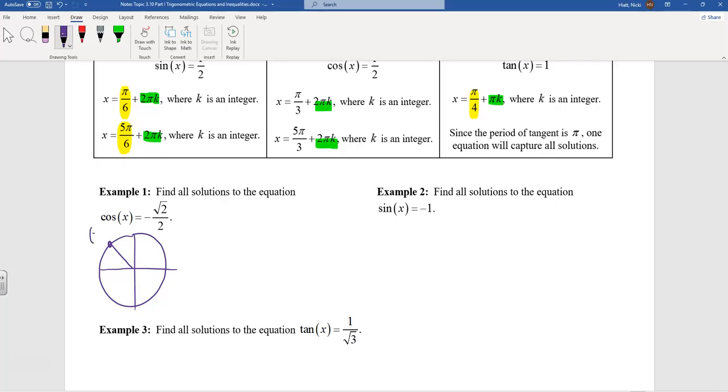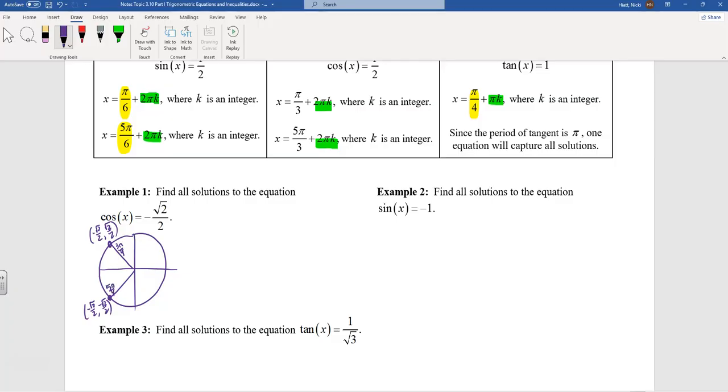Right here, I've got negative root 2 over 2, positive root 2 over 2. And right here, I'll have both of them negative. So this happens at 3 pi over 4, and this is 5 pi over 4.